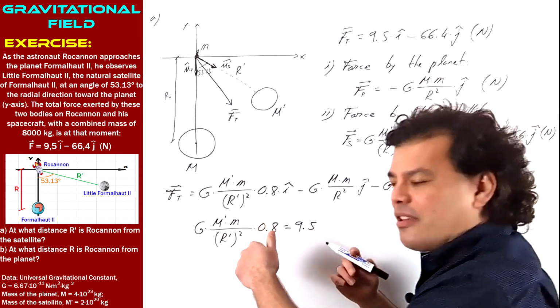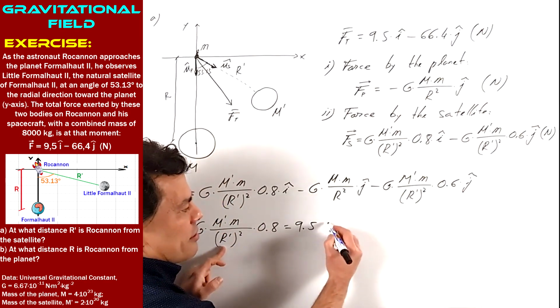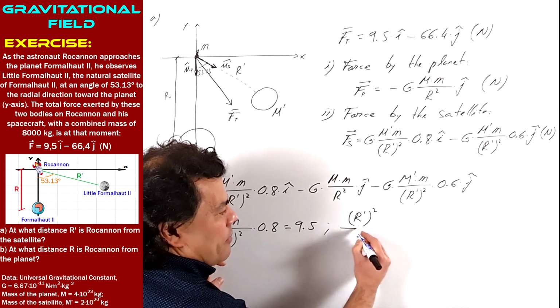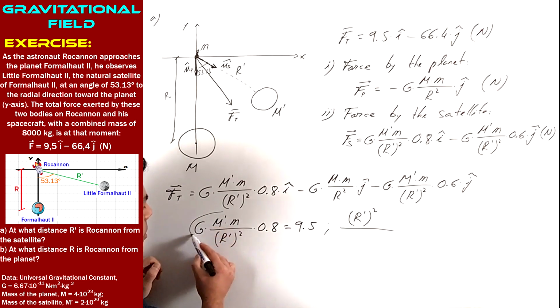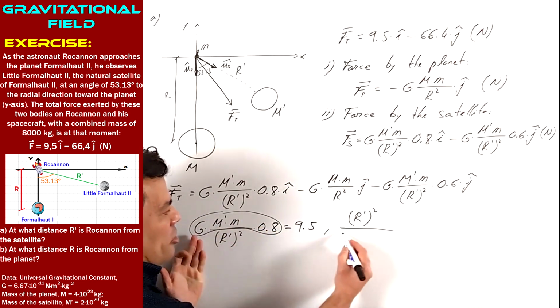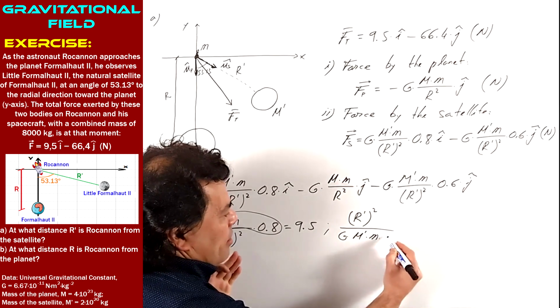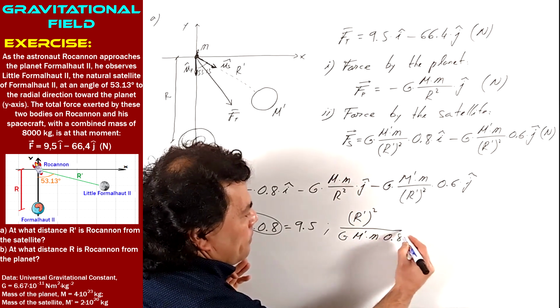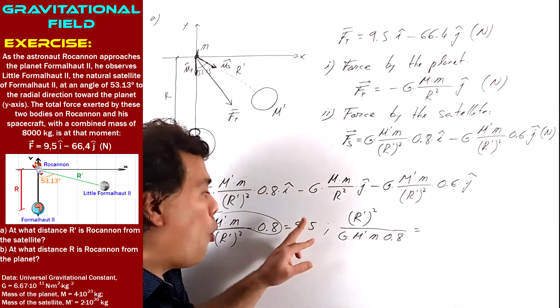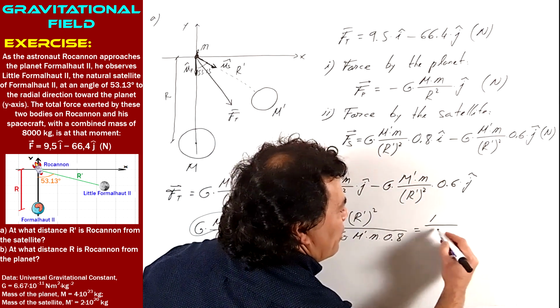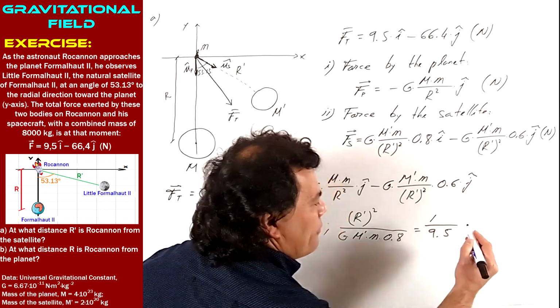Let's invert both sides of the equation. That is R prime squared divided by G M prime M 0.8 must be equal to 1 divided by 9.5.